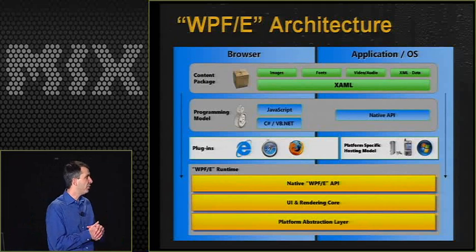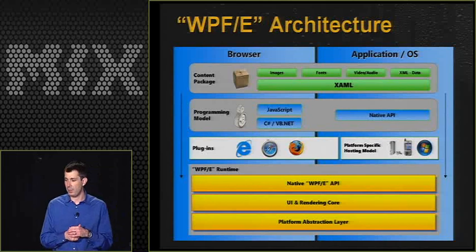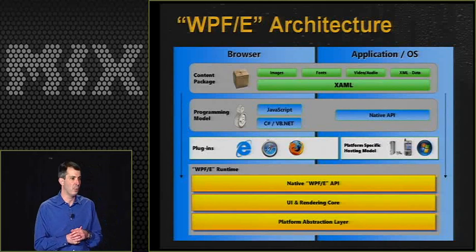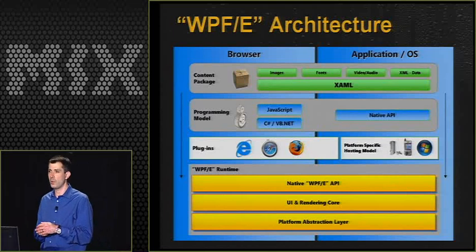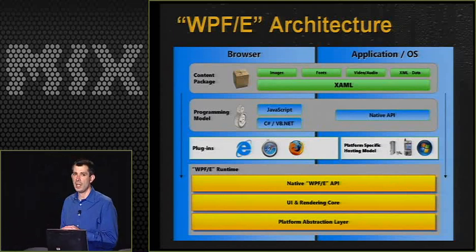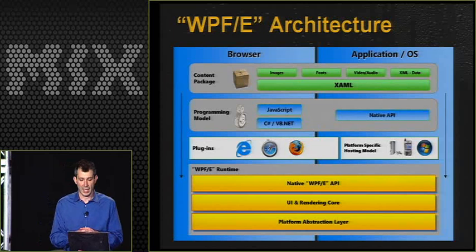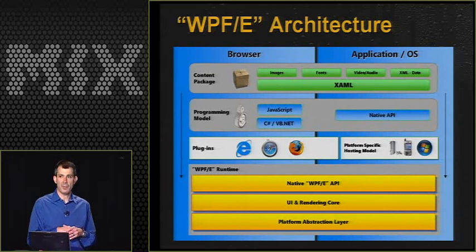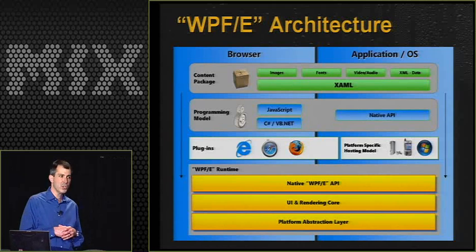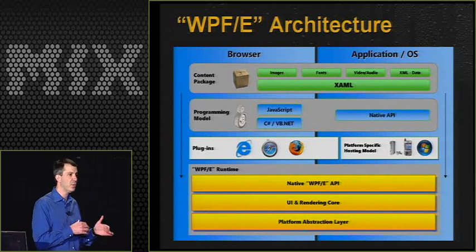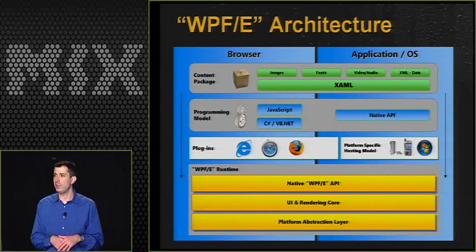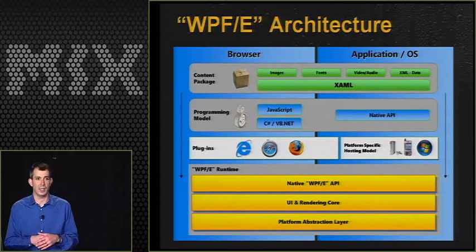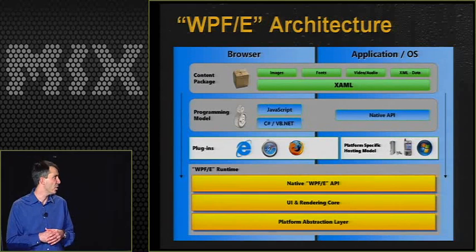We've obviously written a platform abstraction layer at the bottom so that we can port it to a number of different platforms very quickly. We have a UI and rendering core which understands 2D animation, text, and some UI controls. We then put an API on top of it that's appropriate for the platform, so you can program to it with COM or Win32 on Windows, or using native Apple or even potentially other platform APIs in the future.